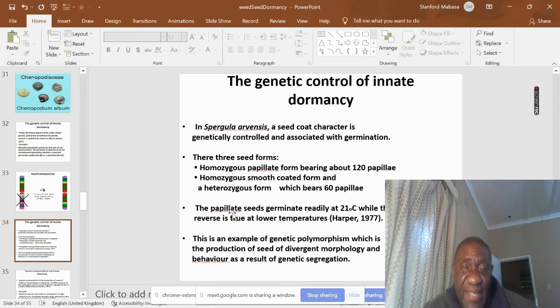So the differences in the numbers of that papillae, which is genetically controlled, may have some impact on the germination process. For example, the papillate seeds germinate readily at 21 degrees Celsius, while the reverse is true at lower temperatures.